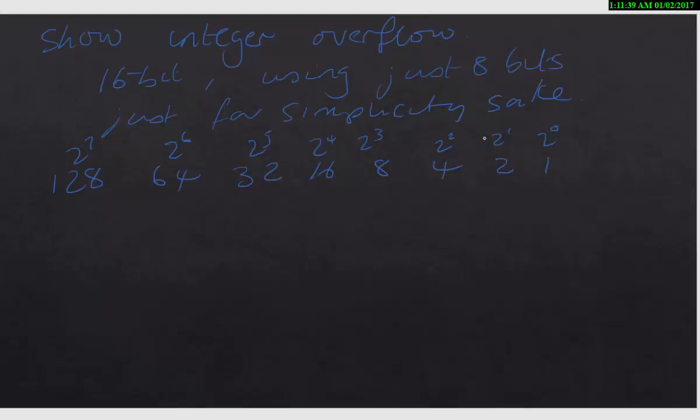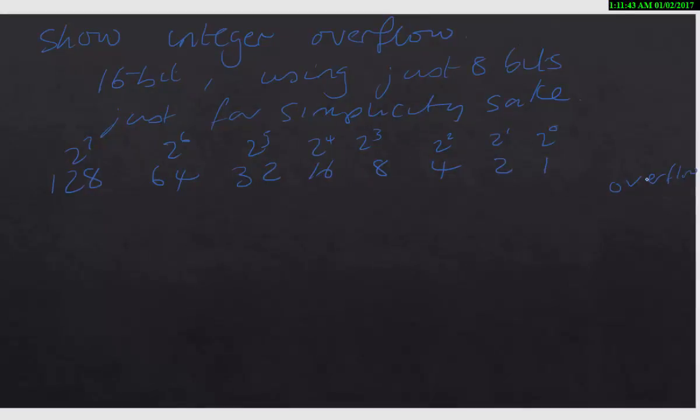And to show overflow, what you want to do is choose a number that is going to be quite large. That's when added together with another number, it's going to overflow, so you haven't got enough bits to store the answer. So your answer is not going to be able to store it.